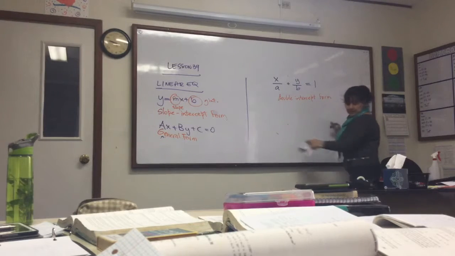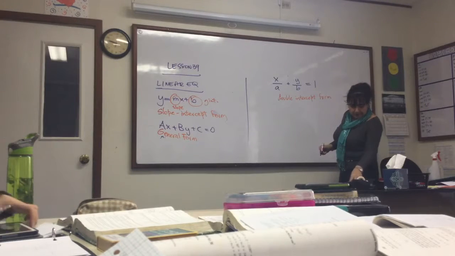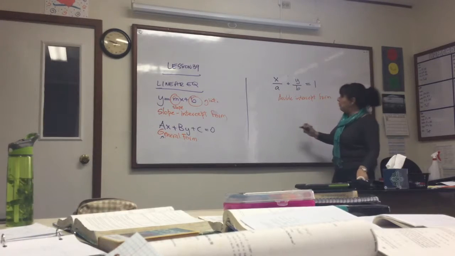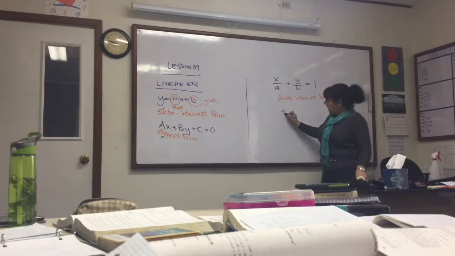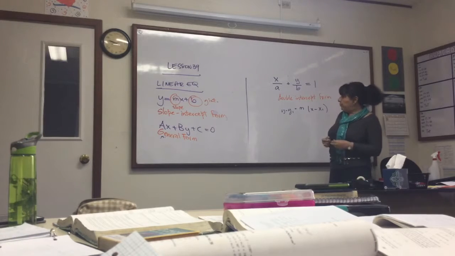Then we have the point slope form. Y minus y1 equals m times x minus x1. Point slope form.